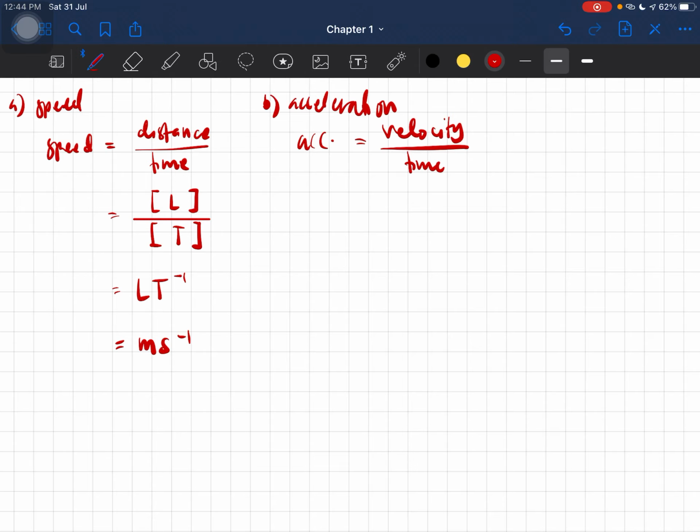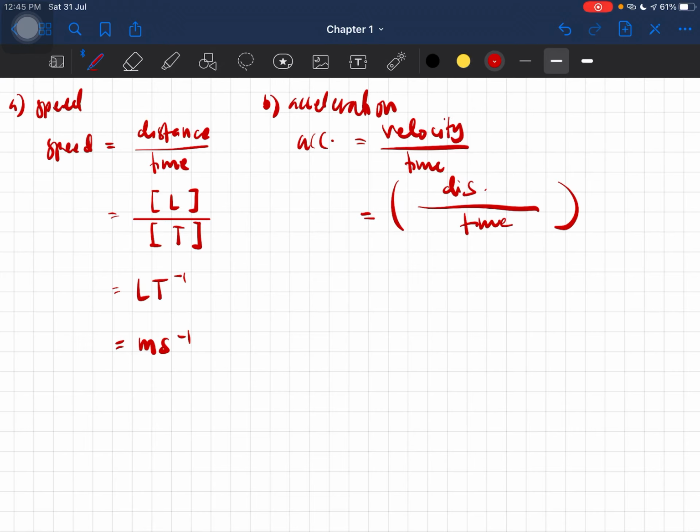So velocity, its formula is displacement over time. Velocity is equal to displacement over time. Okay, so displacement over time is the formula for velocity.